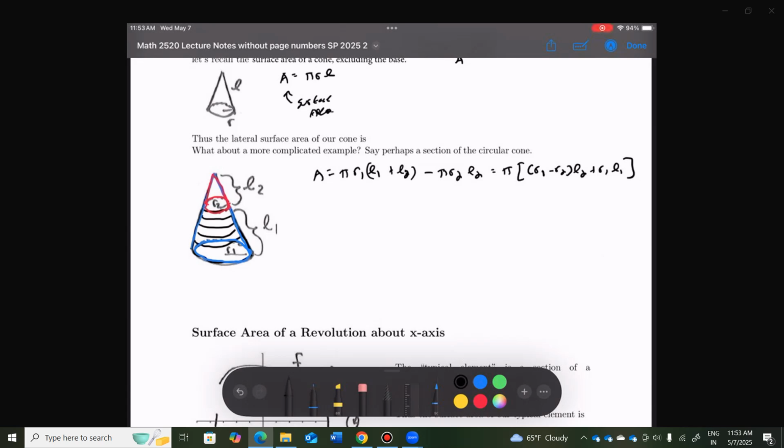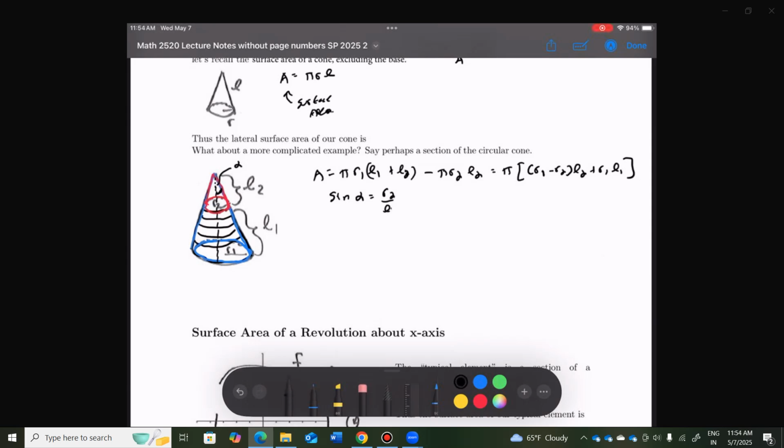Now if we look at sine of alpha, if this is your vertical, this angle here is your alpha. It's going to equal r2 over L2, r2 being your radius, L2 being your diagonal.